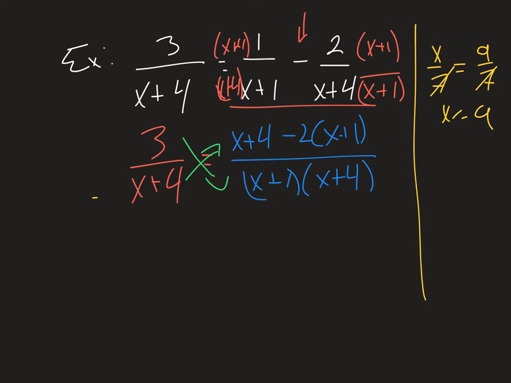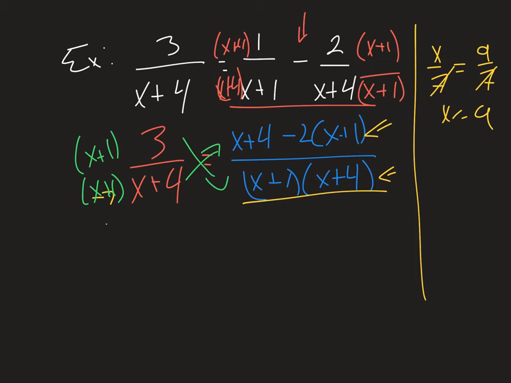If I can make these two denominators the same, then I can set the numerators equal to each other, and it might save me some work, and I think it really will here, because I don't have to change this one up here. That's already set. If we're trying to find a common denominator between this blue fraction and this red fraction, the only thing that's missing is the x plus 1 on the red fraction.